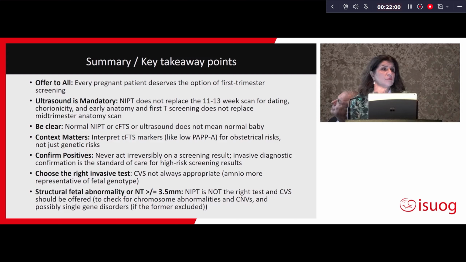You have to confirm positives, never act on a screening test alone. Choose the right invasive test. Sometimes CVS is not the right invasive test, particularly if the baby is normal on scan. Obviously, if there are abnormalities, that is different. And remember, if there's an NT of more than 3.5 millimeters, don't do a NIPT, go straight for invasive diagnostic testing. Thank you.